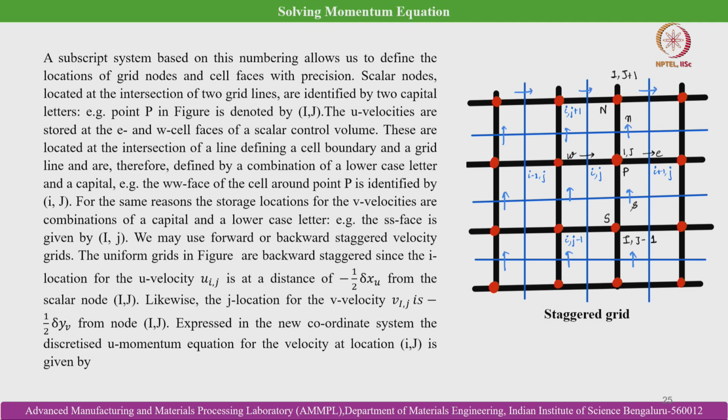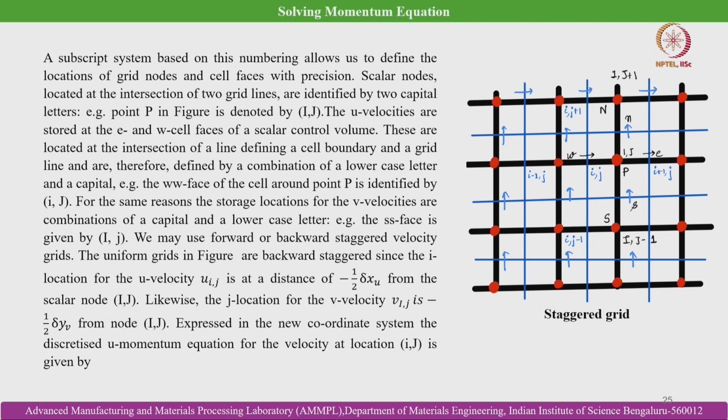Scalar nodes located at the intersection of two grid lines are identified by two capital letters, that is point P in the figure is denoted by I J, shown again here, and the u velocities are stored in the east and west cell faces of a scalar control volume.